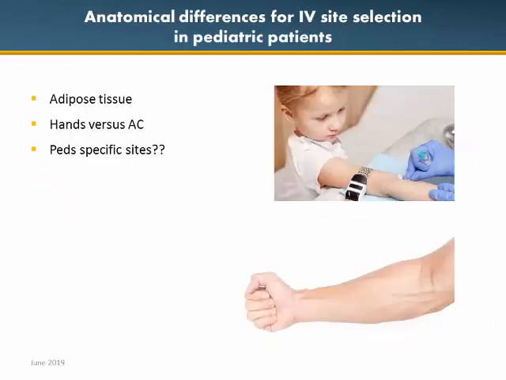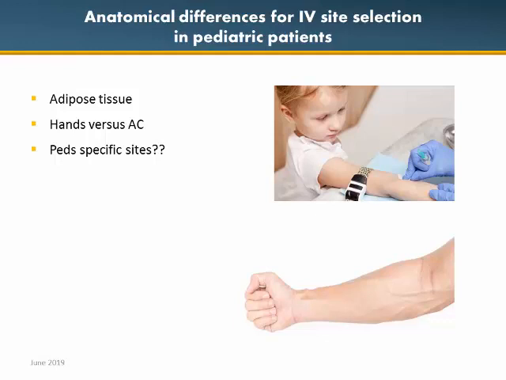As discussed, pediatric patients can have relatively more adipose tissue, making IV insertion more difficult to palpate the veins and a steeper angle required to access the vasculature. Note that the distal to proximal rule still applies. The reason being that if the proximal AC is blown, those veins below are also blown.